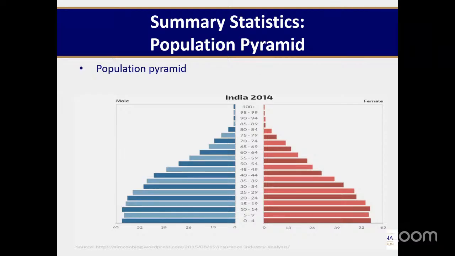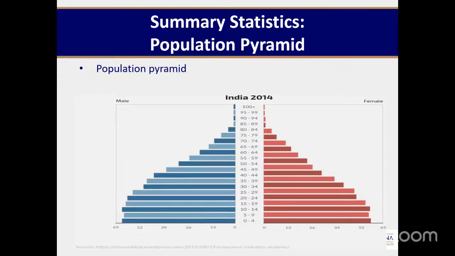Okay. All right. So the population pyramid, yes, it shows the population dynamics based on age and then based on gender, male and female.